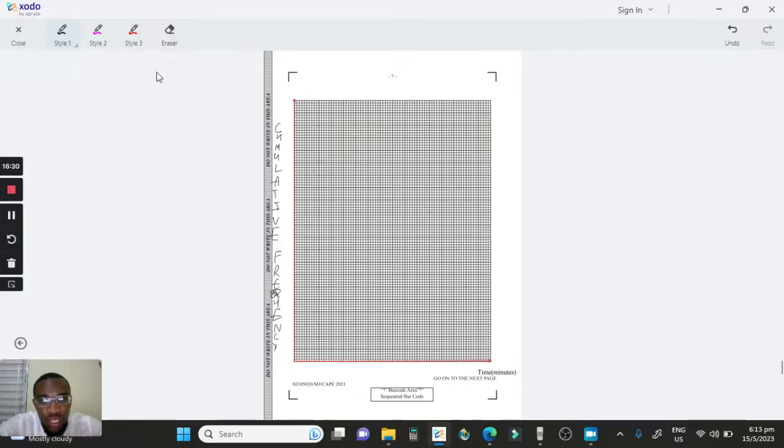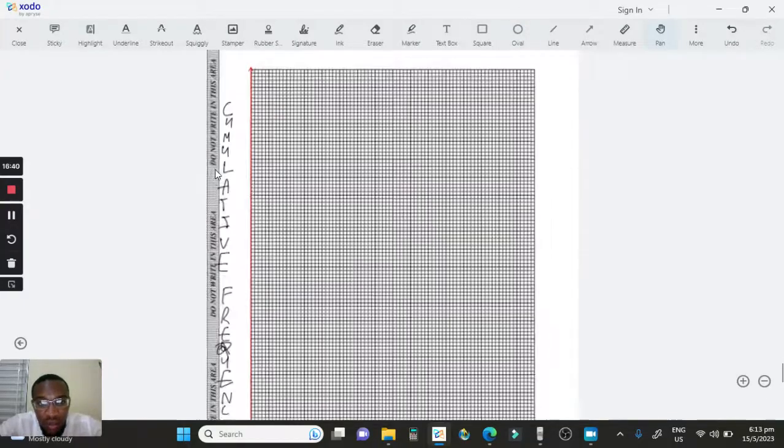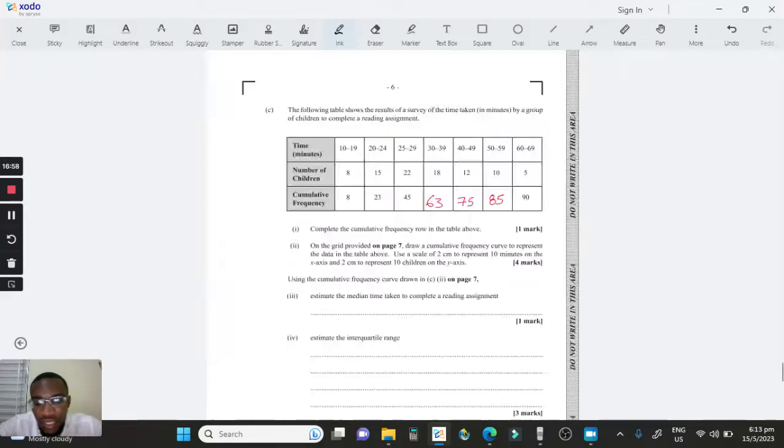Now we need to put on, and they said 2 centimeters represent 10 minutes on the x-axis. So every 2 centimeters represent 10. Let me zoom in, because you can probably hardly see. 2 centimeters represent 10. So this is 10, 20, 30, 40, 50, 60, 70 minutes.